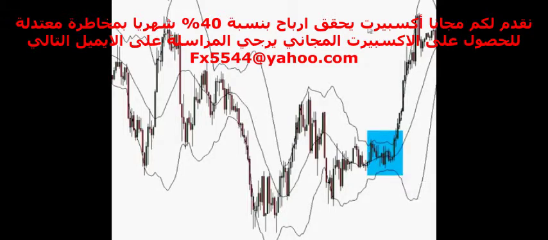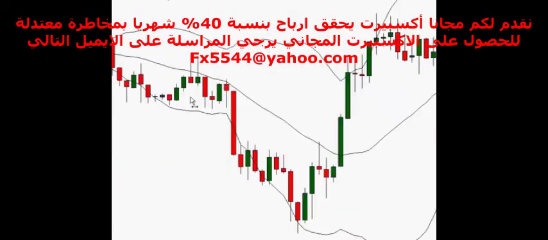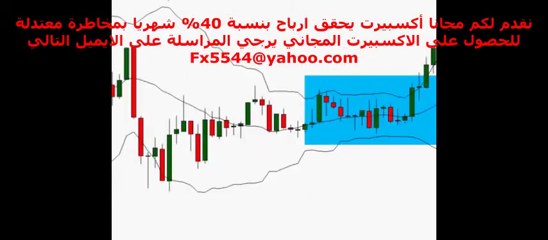But to be honest with you, if we zoom into this area here, you could have entered this trade here and perhaps suffered quite a pullback, and you may have even got stopped out there, if you just blatantly traded the break at this point here.